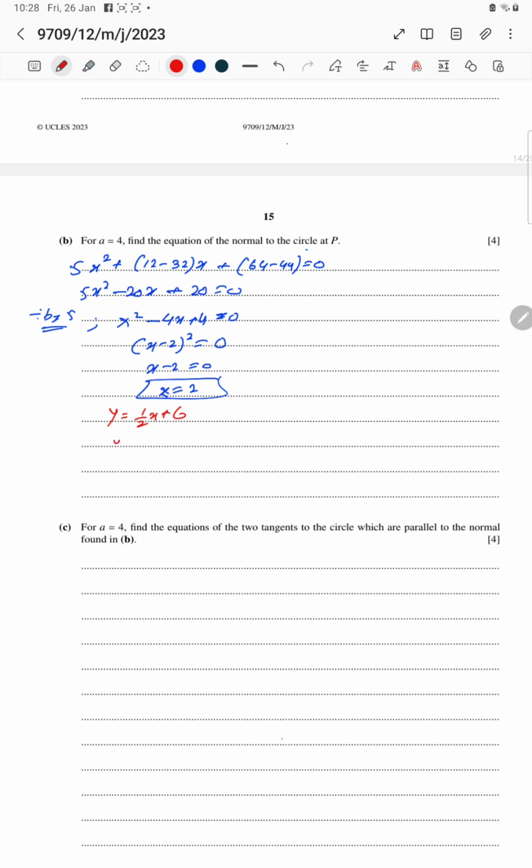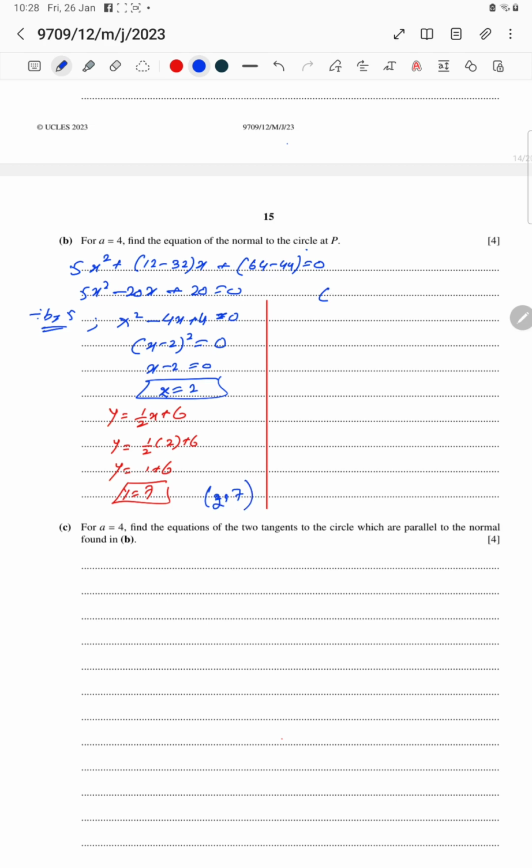So when x is 2, y becomes 1 by 2 times 2 plus 6, y becomes 1 plus 6, which is 7. So therefore we can say the coordinates of the point at normal are (2, 7).